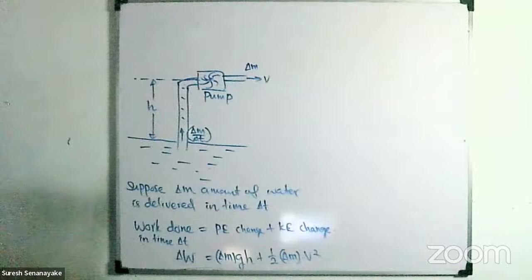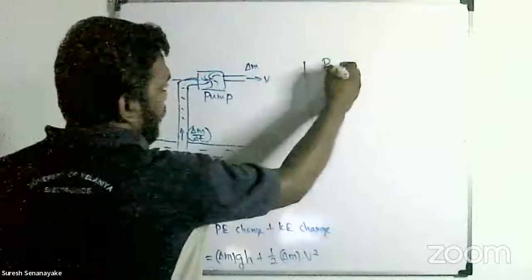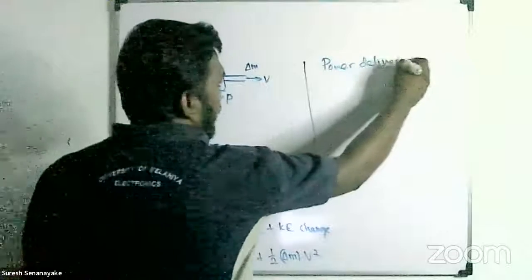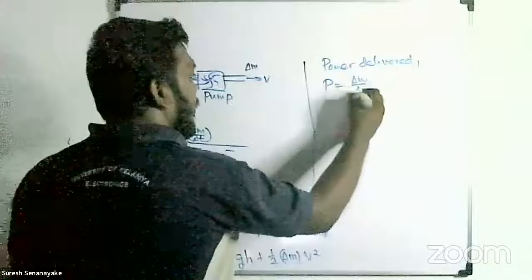Okay, so then the power delivered, you can write, power delivered, that's capital P, is delta W over delta t.